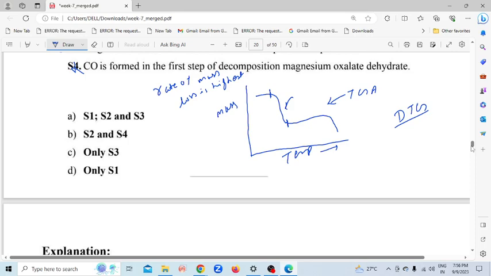Okay, so how can you measure? Suppose it is 50 degrees and it is 100 degrees. By this calculation you can write only one thing, that mass loss starts at 50 and ends at 100. But if I am asking where the highest mass loss rate was, then which data do you need to plot?